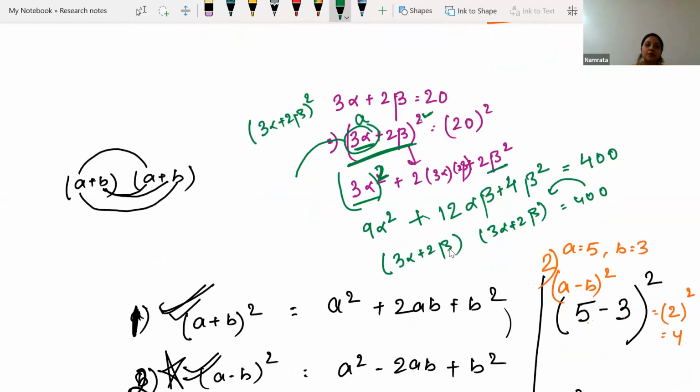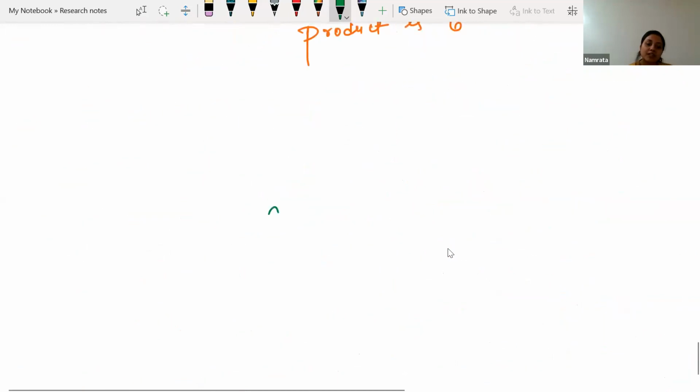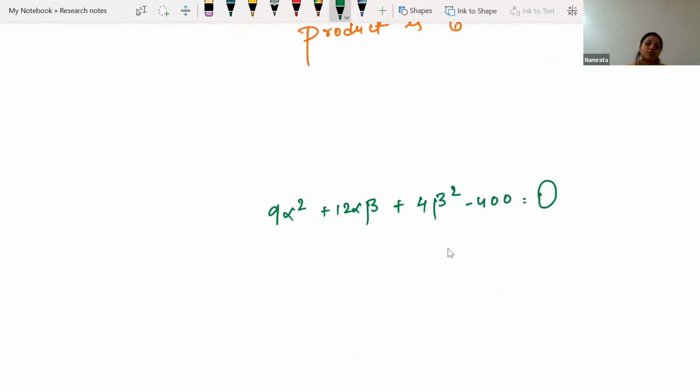If we have 9 alpha square plus 12 alpha beta plus 4 beta square, and 400 was there on that side, even if I write this side equal to 0 and try splitting the middle term by considering this as a constant, it will create confusion, and here it is not possible to split the middle term, right?